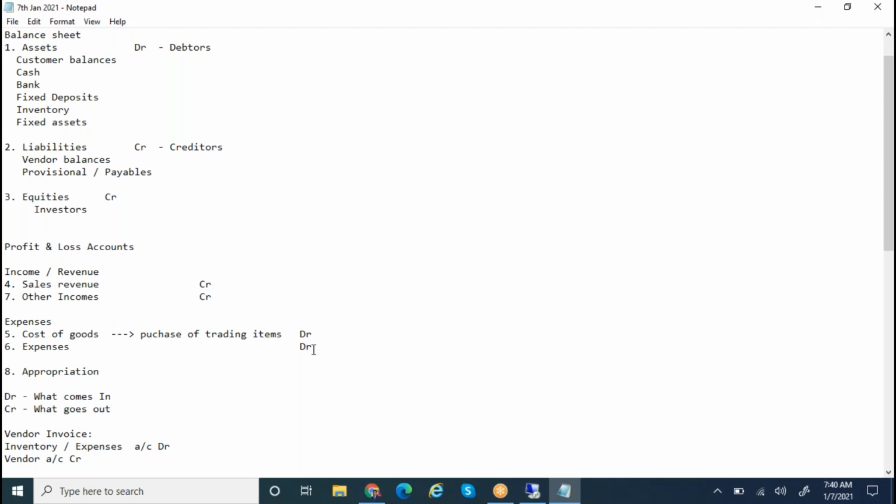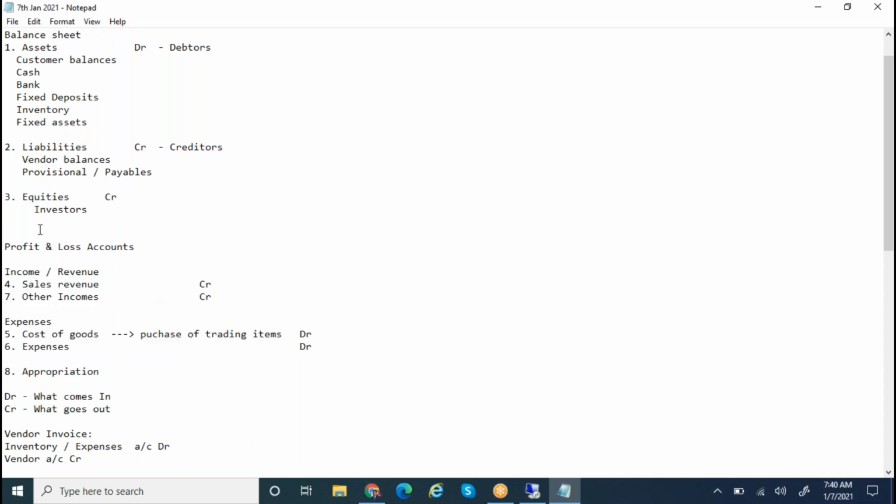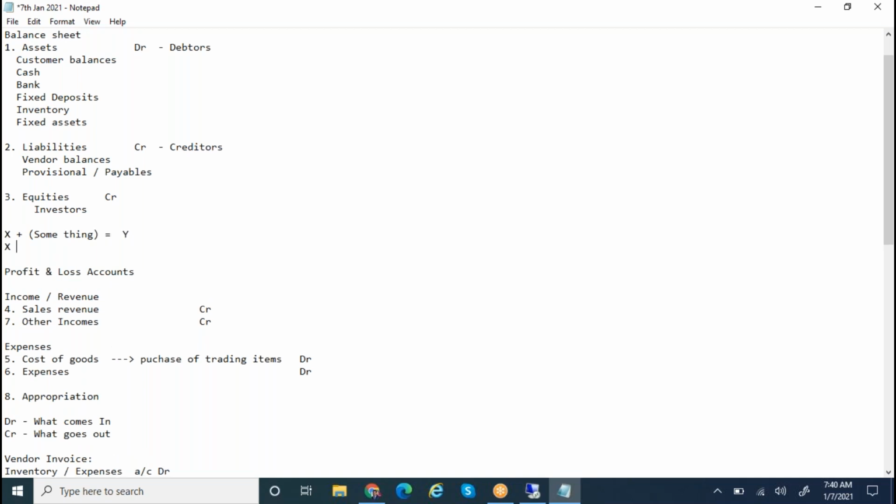I have skipped this and informed like this because some people are from a science background. For understanding purpose, what I told: x plus something is equal to y, then x equals y minus something.